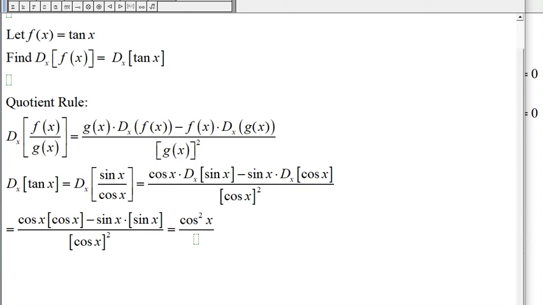And then minus, this should be negative. Negative and negative becomes a plus. And sine of x times sine of x is sine squared of x.